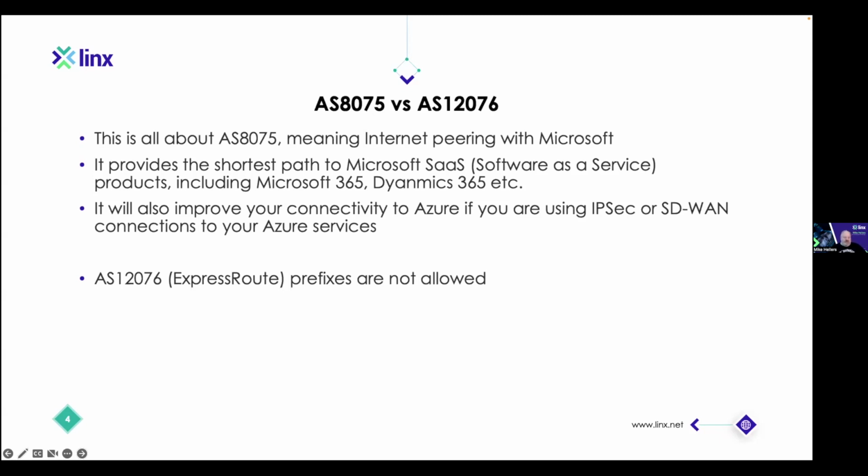Microsoft is also very clear that through internet peering, so Microsoft Peering Service, you're not allowed to announce any prefixes from 12076, since they're internal.